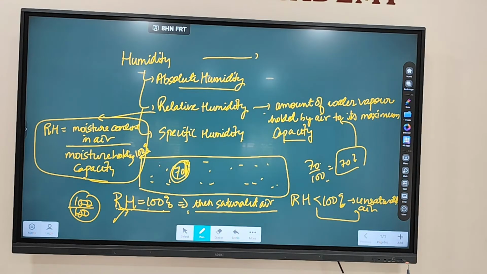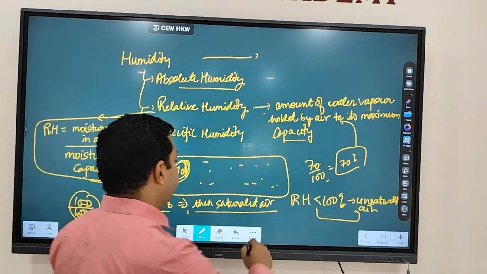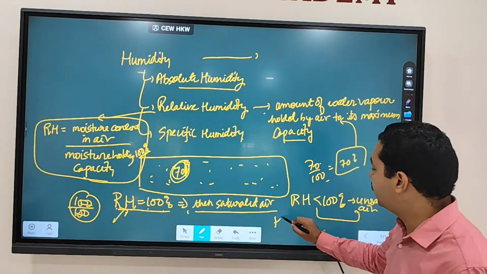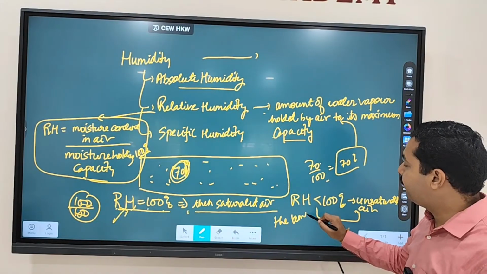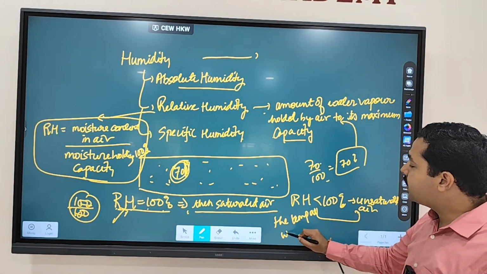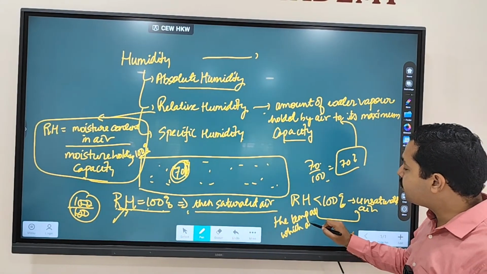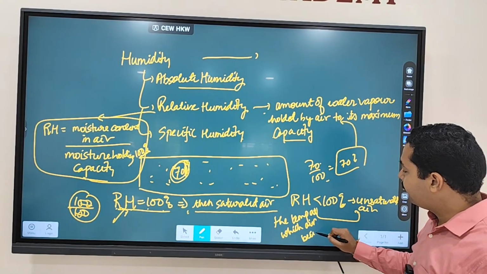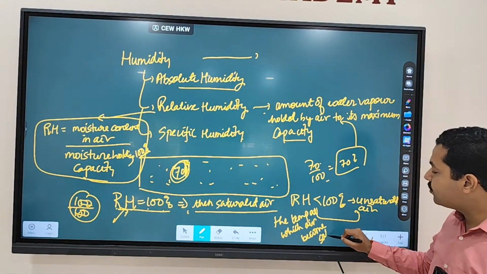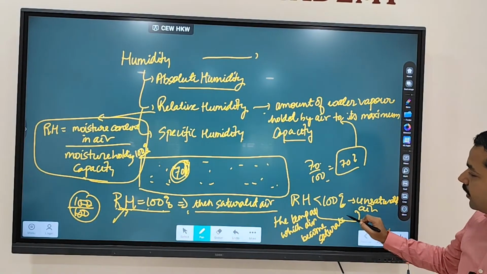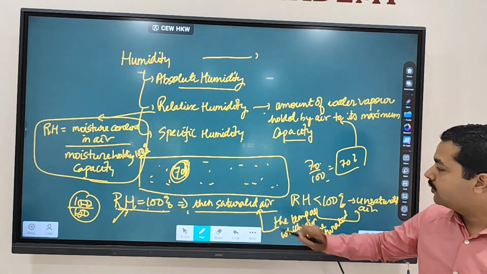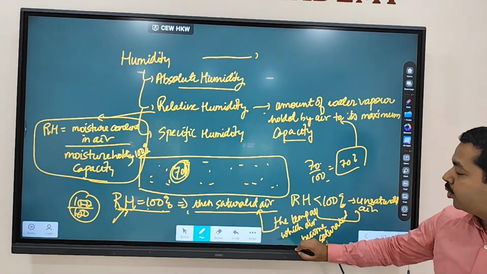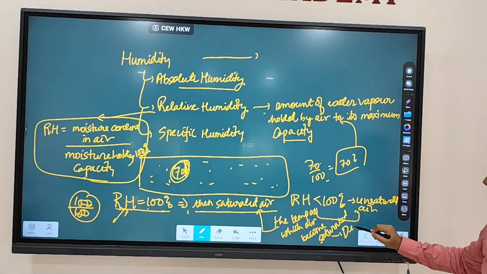The temperature at which air becomes saturated is referred to as the dew point.